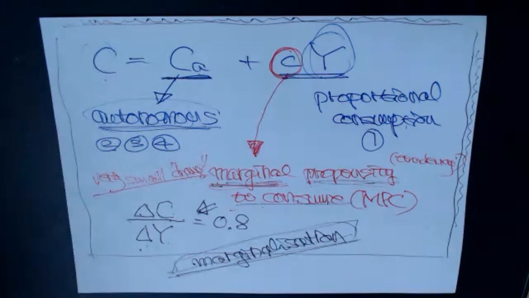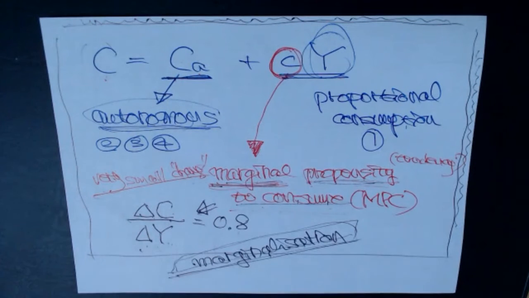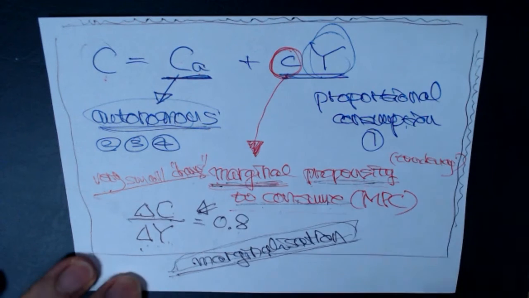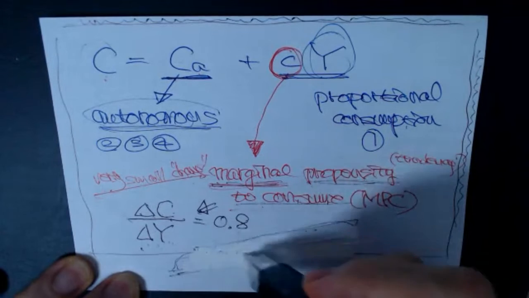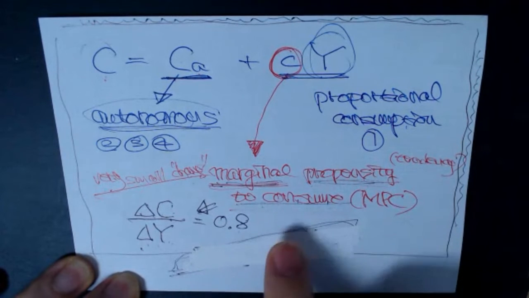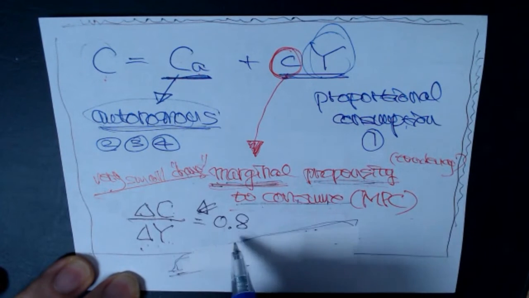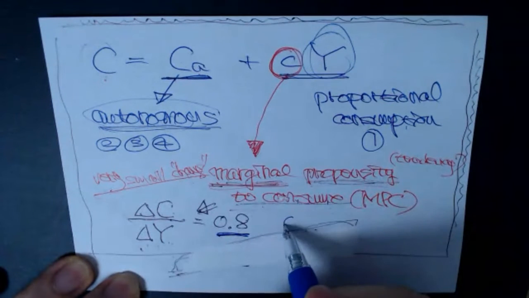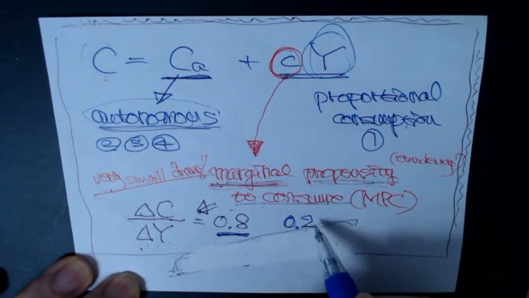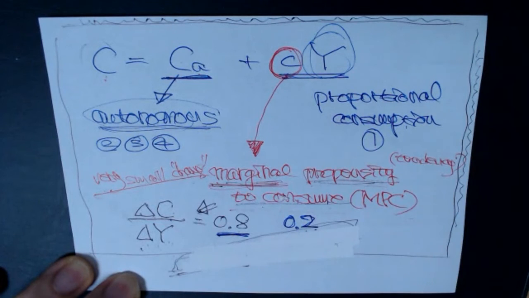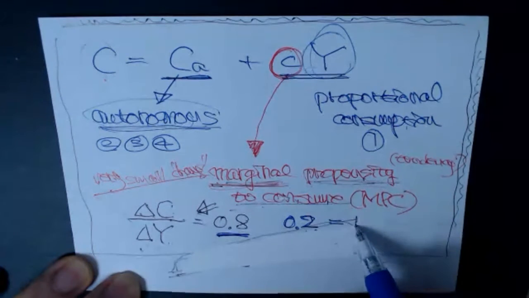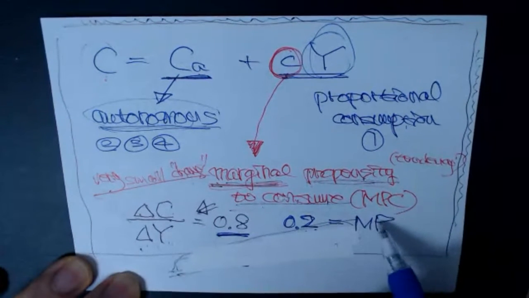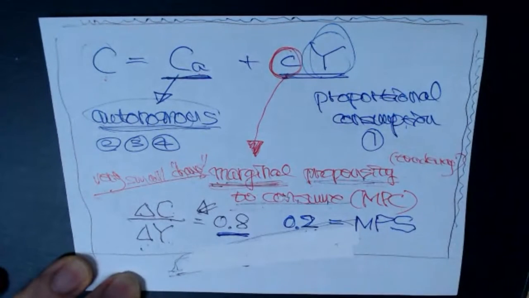So what happened to the remaining 20%? Because they're going to spend 80%, there's some left over, of course. So we say that households either consume or save. So they consume 80%, which means 20% should be saved. We use a similar name for this one: MPS.